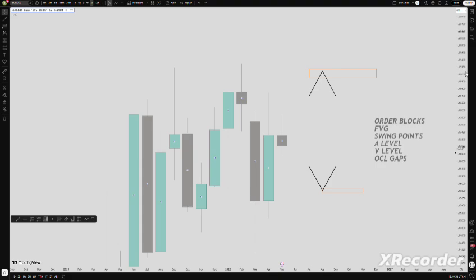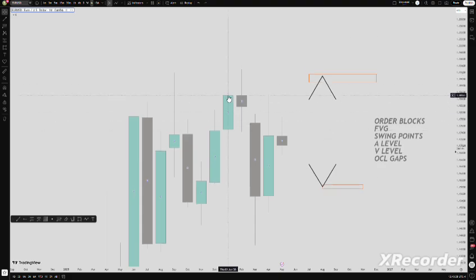Now you get to the point where you'll be able to identify these levels just by looking at the candlestick chart. For instance, watch me mark out these levels. Watch me mark this out. Okay, this is me marking out random stuff, right?